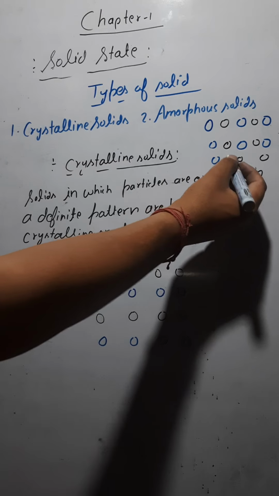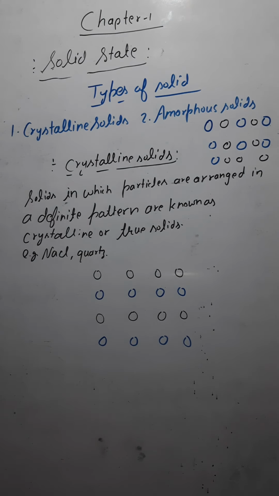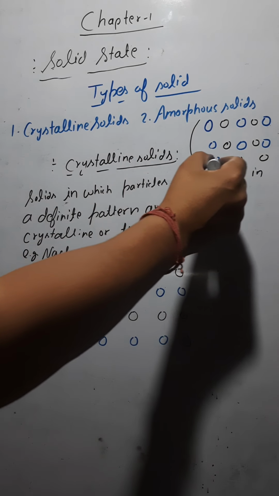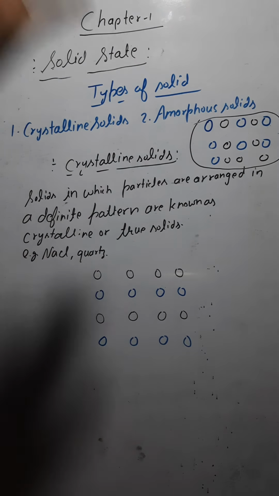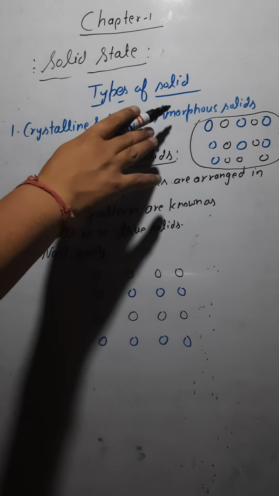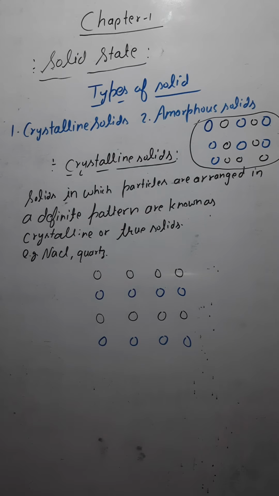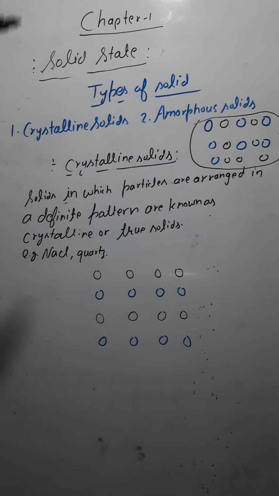So the particles are not arranged in a definite order here. Where the particles are not arranged in a definite order, we call such solids amorphous solids. Another name for amorphous solids is pseudo solids, also known as supercooled liquids.